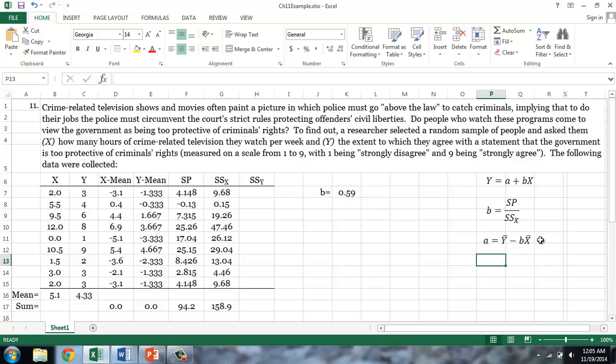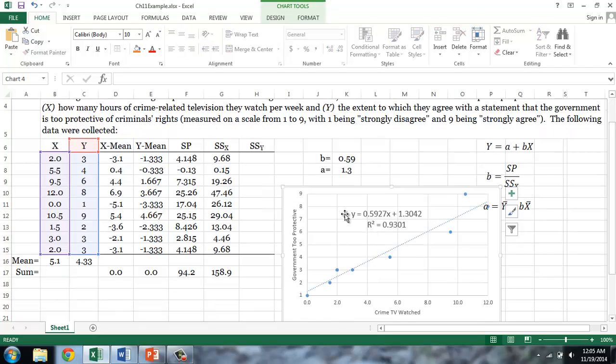A, the y-intercept, is equal to the mean of y minus b times the mean of x, or 4.33 minus our calculated b value times 5.1, or 1.3. As you can see, these two values are equal to the values on the trend line that we added to our scatter plot.